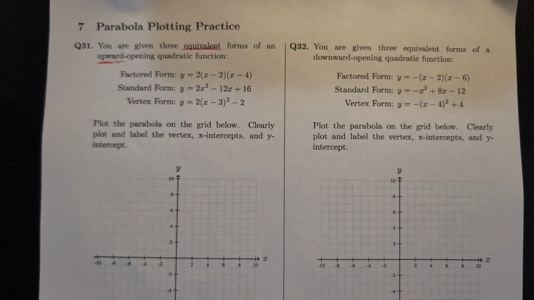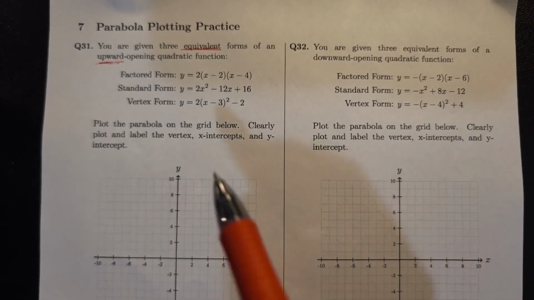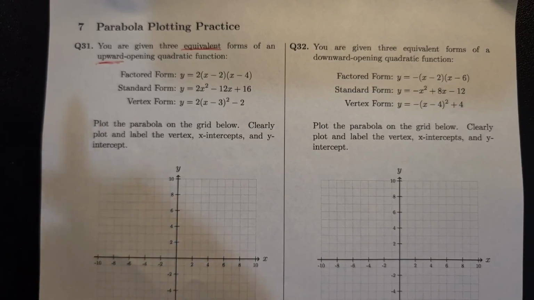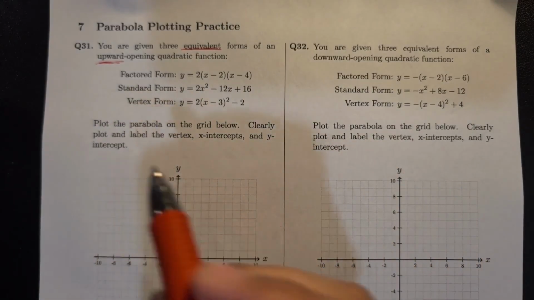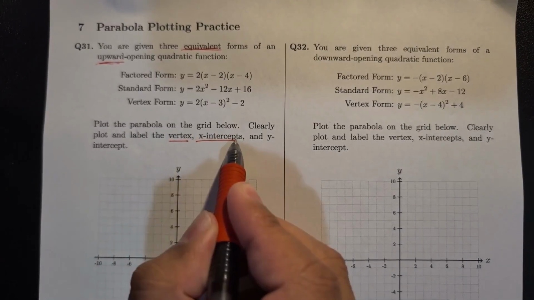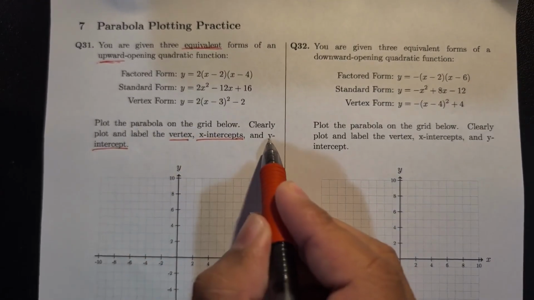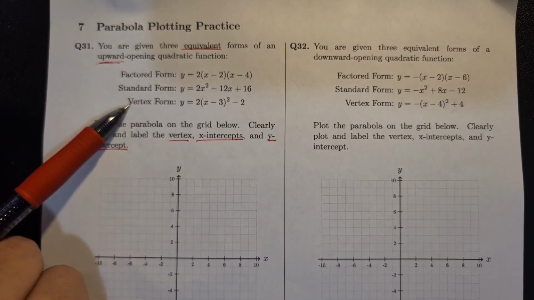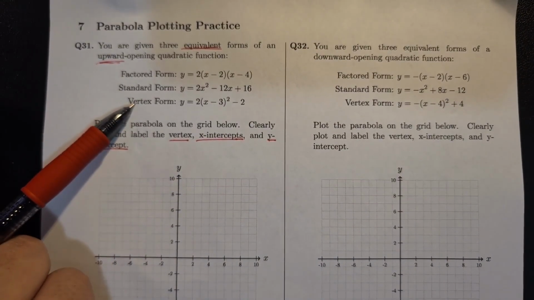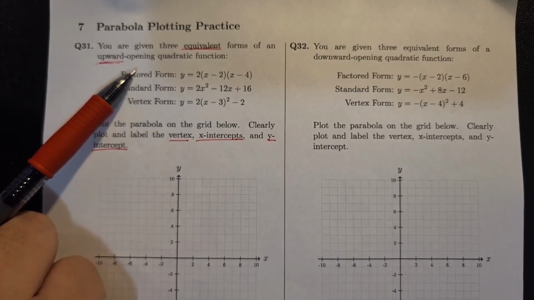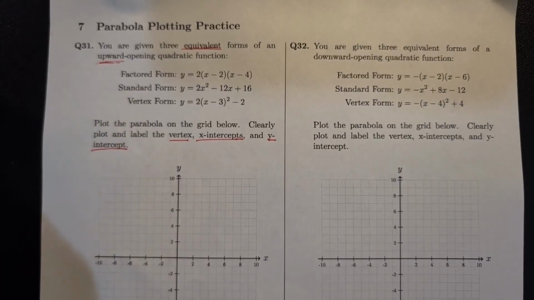What that means is I want you to plot the parabola, and in this problem you are going to be plotting the vertex, the x-intercepts, and the y-intercepts. Those three things are given from these three factor forms. Each form gives you one specific type of information.